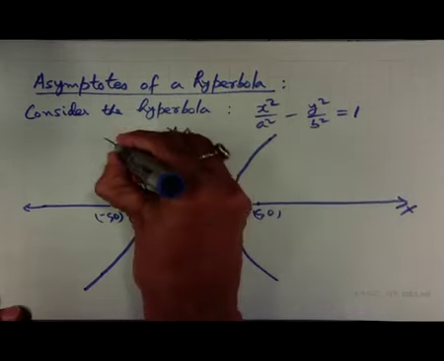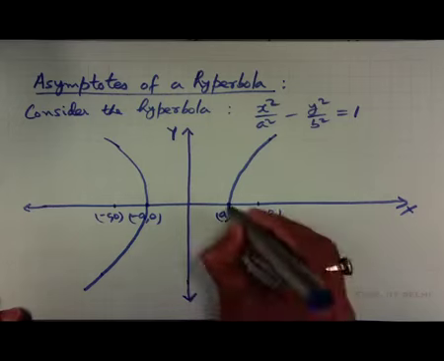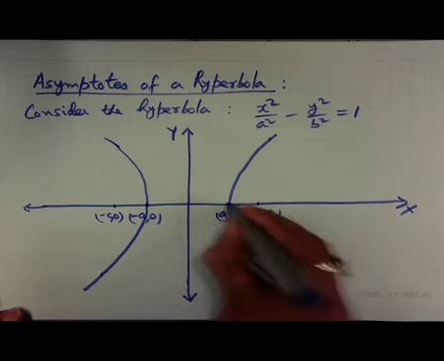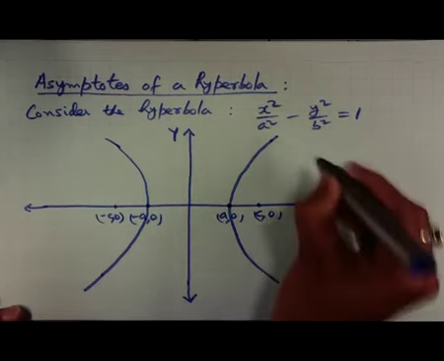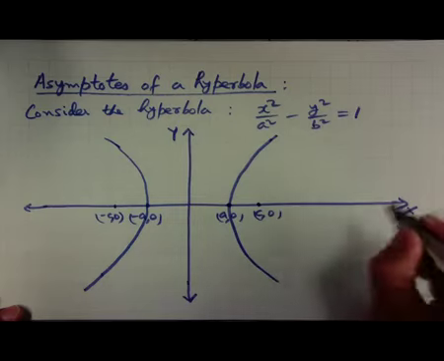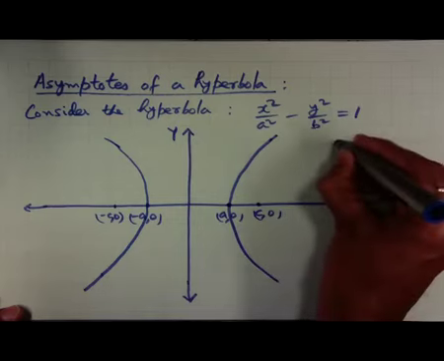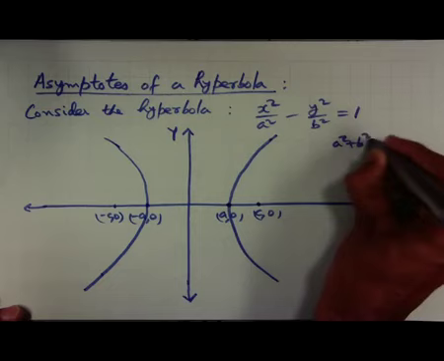Now, let us look at this. So we have a and c as the coordinates of this vertex and this focus. Now, where is b? What we have is a square plus b square equal to c square.